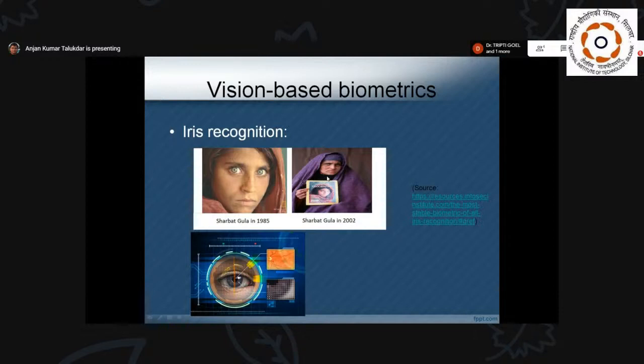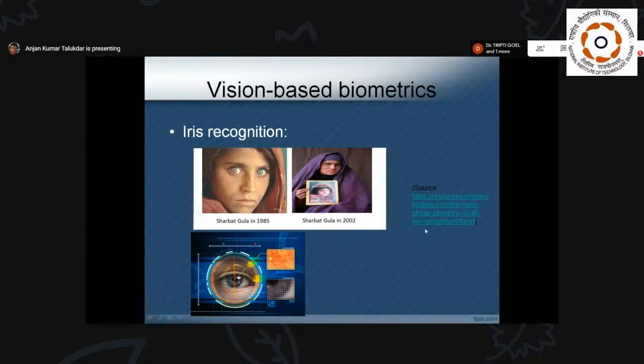With the help of iris recognition, it was detected that she is the same girl, Sharbat Gula, because our iris has one peculiar pattern which is unique and does not match with others. So iris recognition can be used as one of the important biometric techniques.